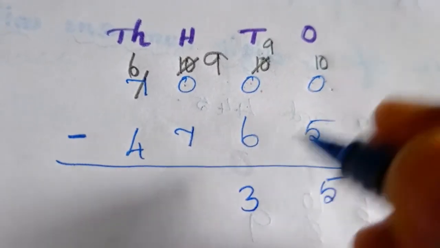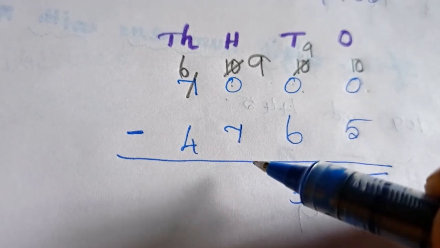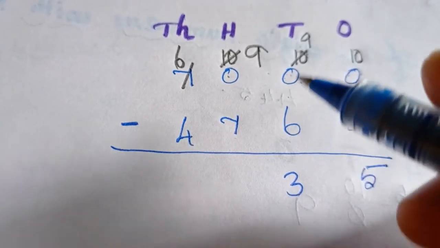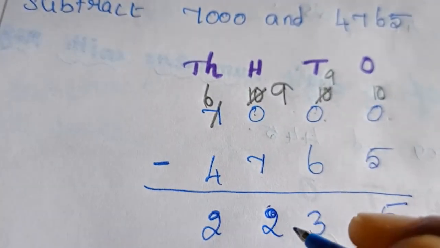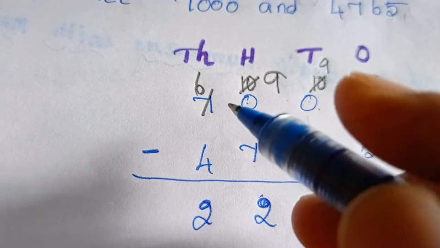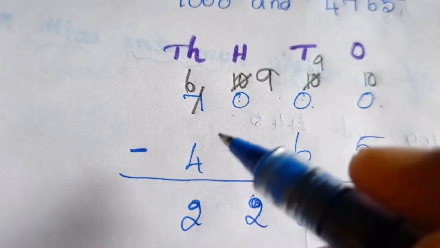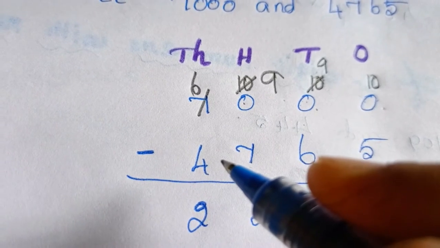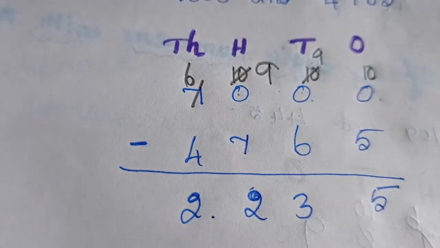Then in the hundreds place, we have 9 minus 7. The answer is 2 hundreds. So write 2 in the hundreds place. And at the last, in the thousands place, we have 6 and 4. So 6 minus 4 is 2. So write 2 in the thousands place.